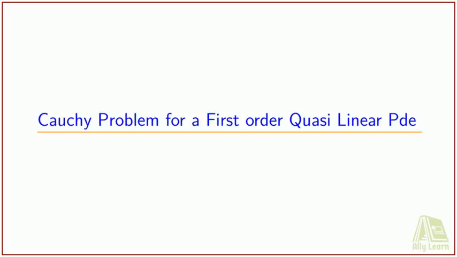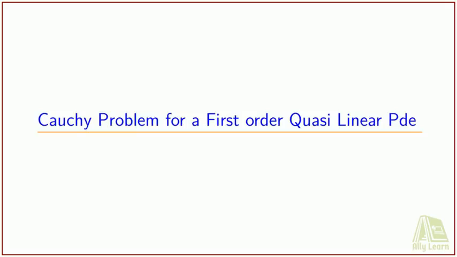You were given a value of the function at some point, and using that point you used to eliminate that constant and then get a solution of that ordinary differential equation satisfying the initial conditions.